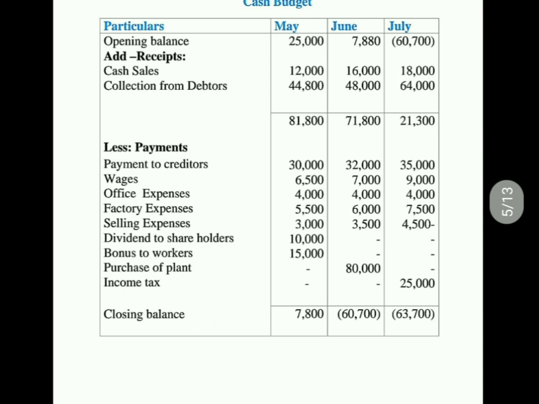Sorry, 25,000. See here, 25,000 opening balance, that is at the beginning of May, and we have to add receipts.